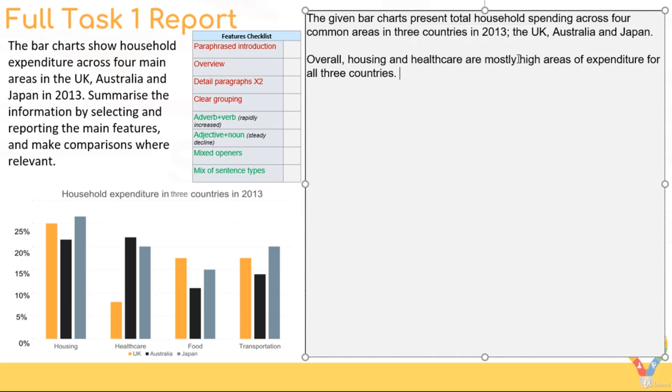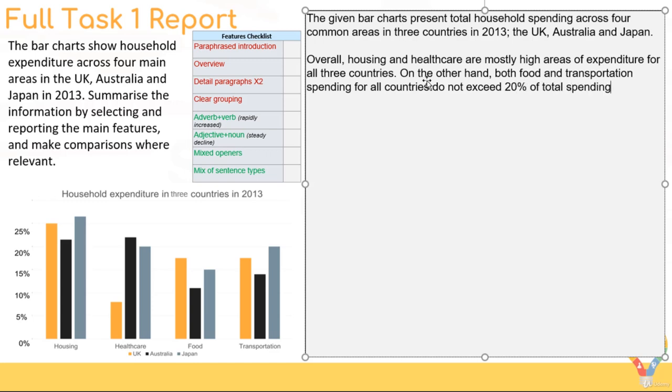On the other hand, both food and transportation spending for all countries do not exceed 20% of total spending.